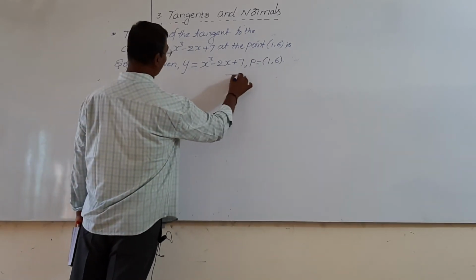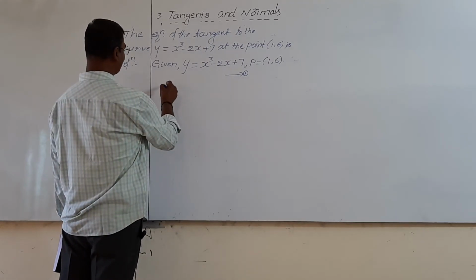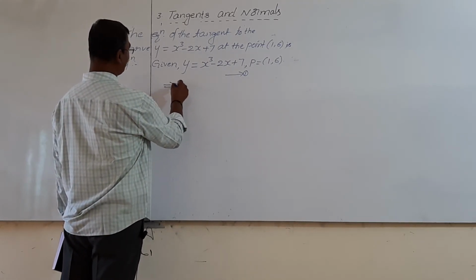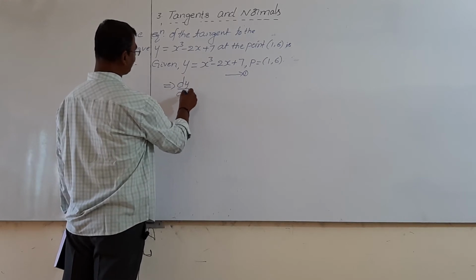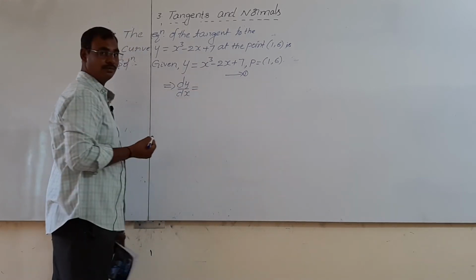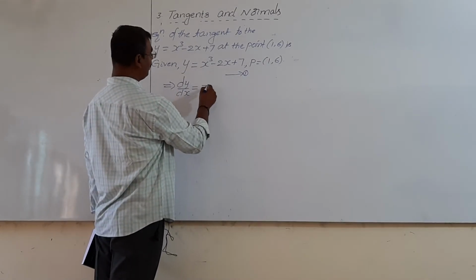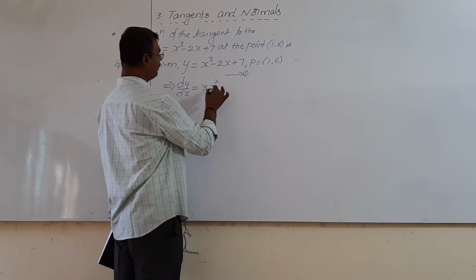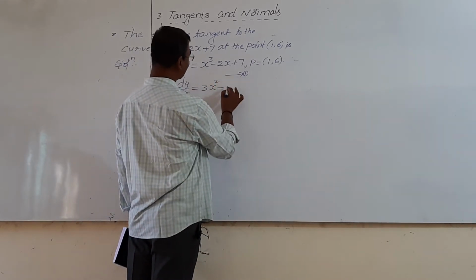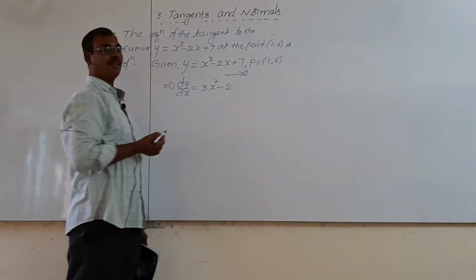Differentiating equation 1 with respect to x, dy by dx is equal to the derivative of x cube, 3x square, minus the derivative of 2x, which is 2, and the derivative of the constant is 0.